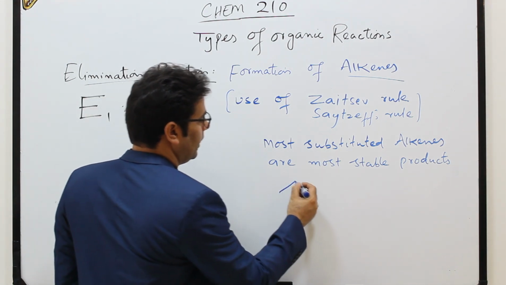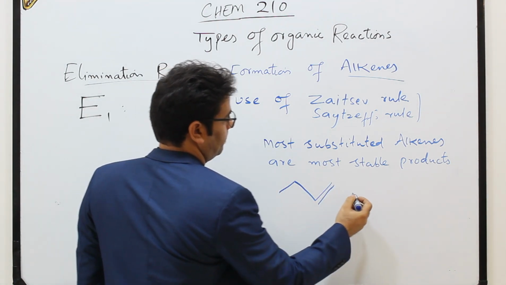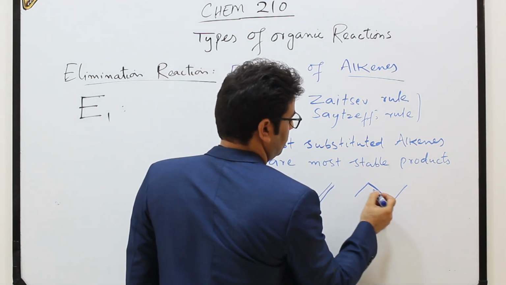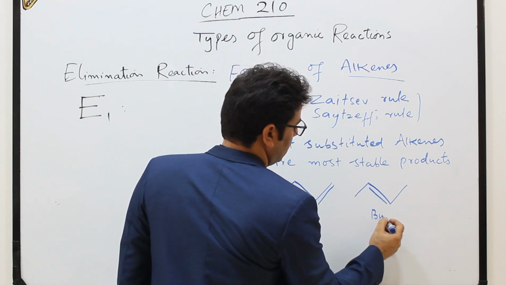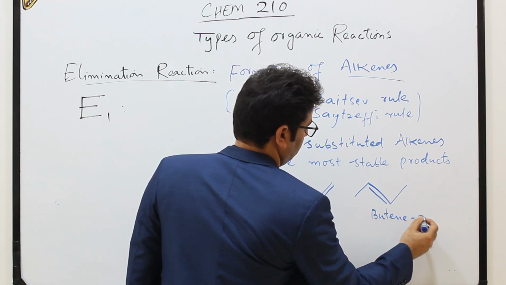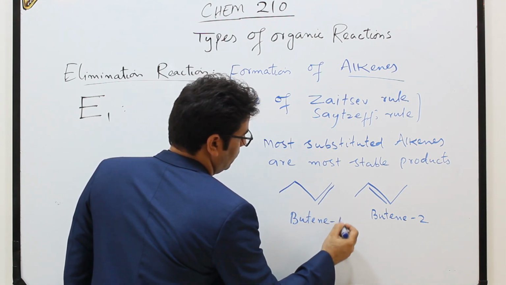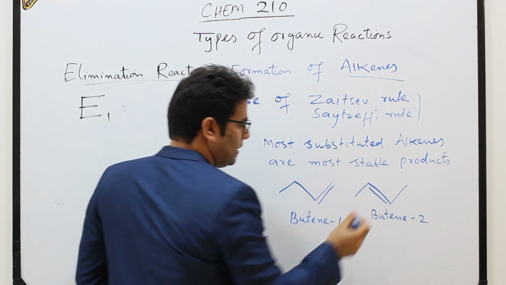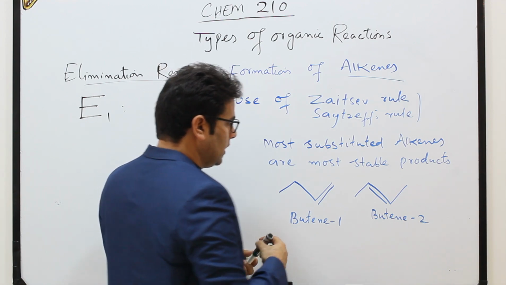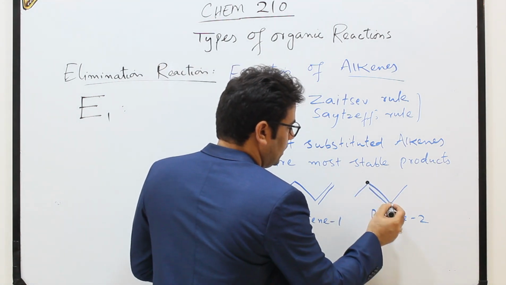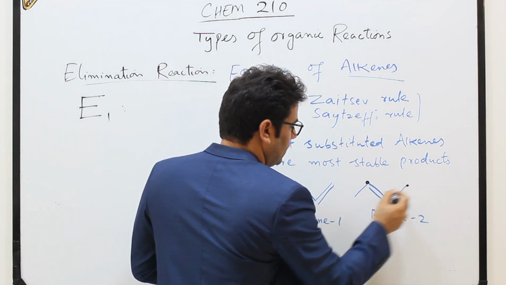What does it mean? It means if we have this butene-2 and this butene-1, this double bond is highly substituted. If you see, it has this carbon and this carbon.